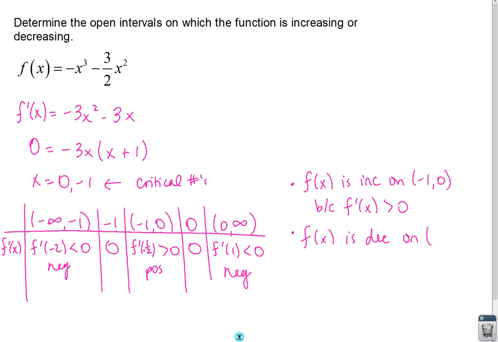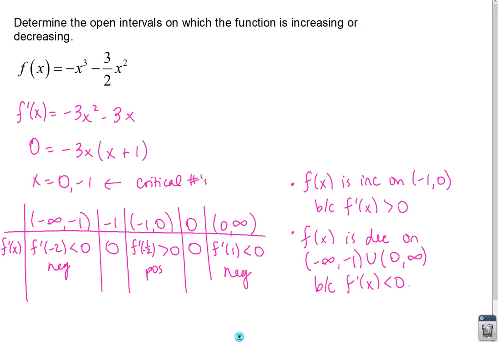Let's say from -infinity to -1 union 0 to infinity, because f prime of x is negative. Okay, so again, check your answers. Hopefully that matches mine. If not, go back, try it again.